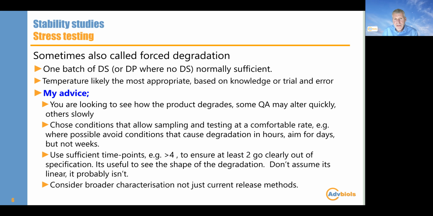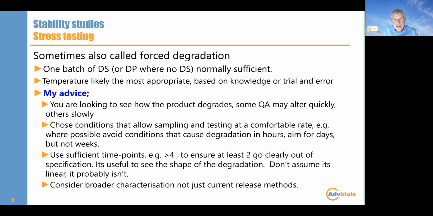So it's not really very convincing. So I think you need at least 4 time points, and I would recommend that you try and have at least 2 time points going well out of specification. I mean, 50% degraded would be great, but 25 might be enough, but it's got to be well outside your specs, and there's absolutely no doubt that you've degraded it.